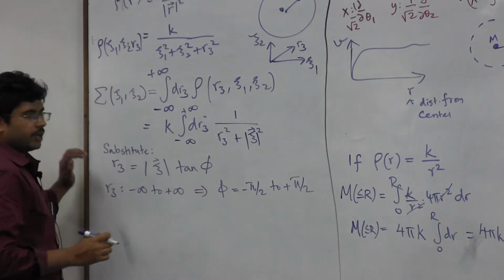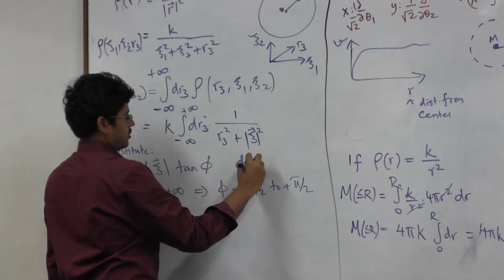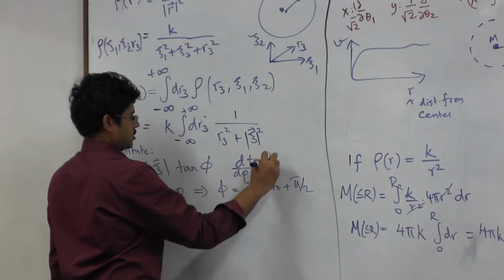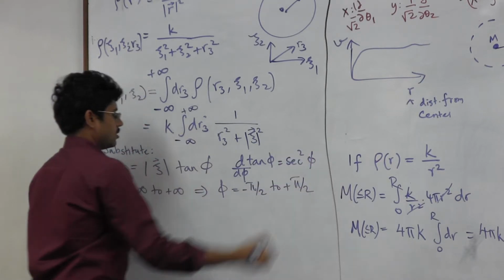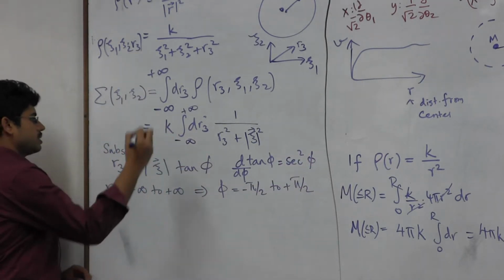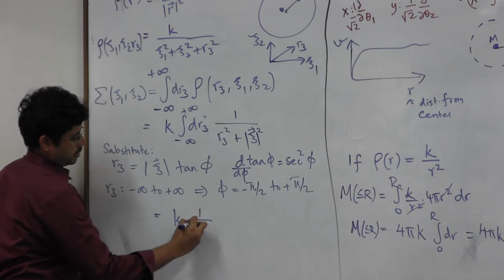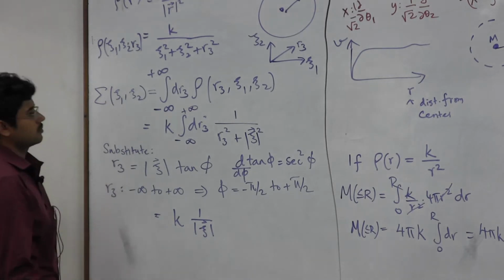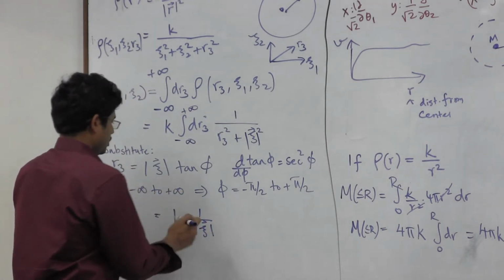So you can do this substitution and then you can use this identity. So if you do this integration, then you will get k divided by a pi.